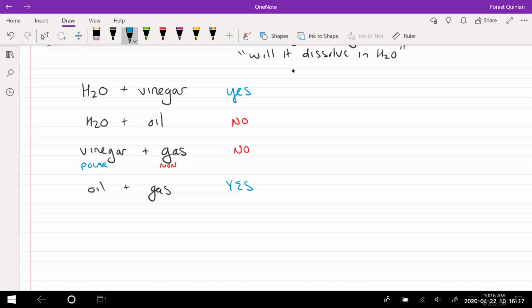If those two things didn't like to mix in the first place, they wouldn't be found in the same place. So oil and gas like to get together. You know that oil is nonpolar because oil and water don't mix, so gas has to be nonpolar. That means if that's nonpolar and you know that vinegar is polar, those two things won't get together. So sometimes you have to be creative.